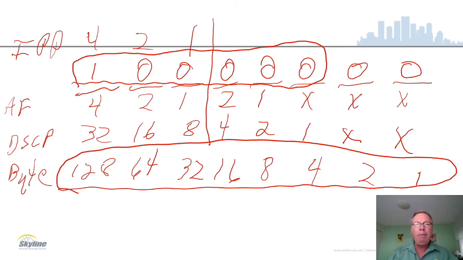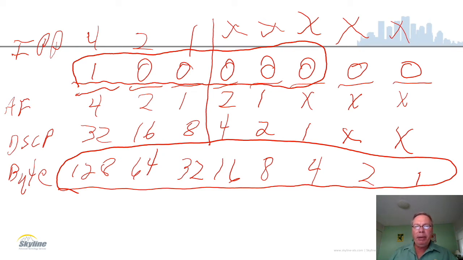Whereas IP precedence 4 isn't looking at any of the rest of these bits, right? CS4 would say the first 6 bits must look like 100000. There would be no AF value for CS4.